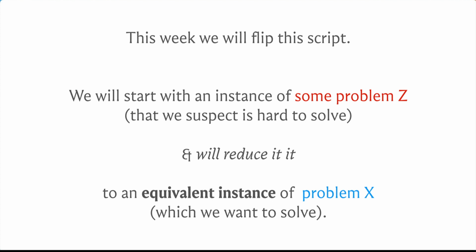So if you have a sensible reduction and a valid algorithm, then these two pieces can be combined to solve the bigger puzzle of solving problem Z. And if problem Z is a sufficiently notorious problem, then you would imagine that from this we can conclude that problem X can now also claim the same notoriety, saying that, well, now X has the same status as the problem Z. It's just as hard to solve.